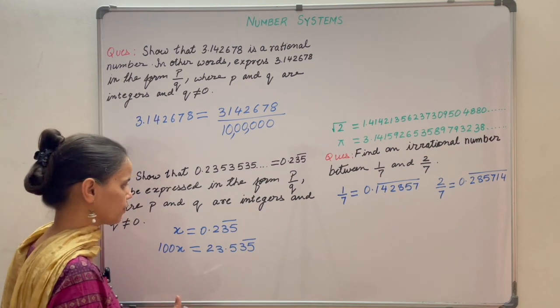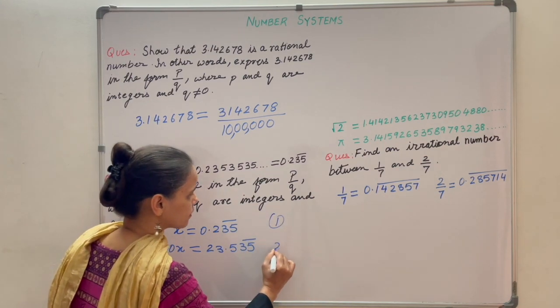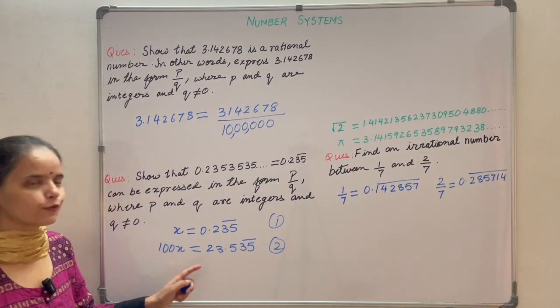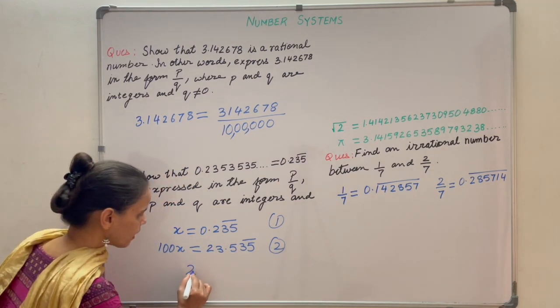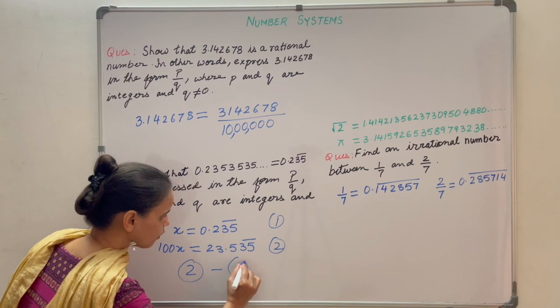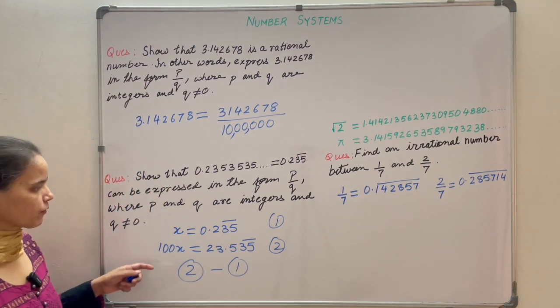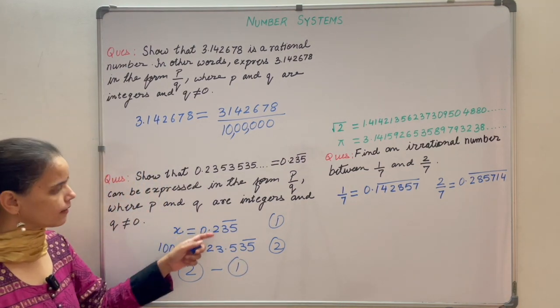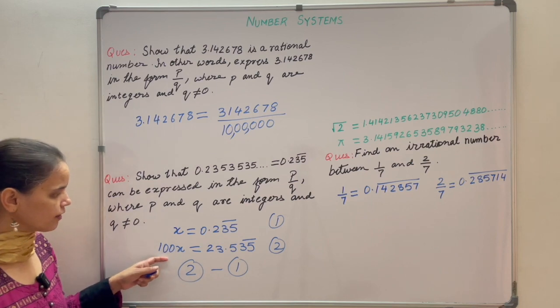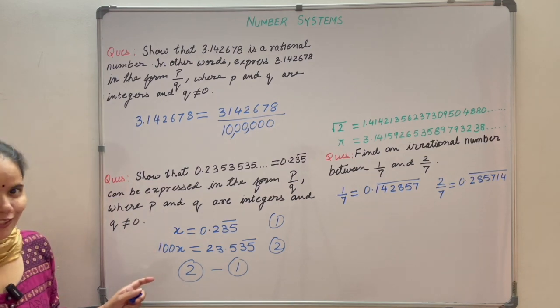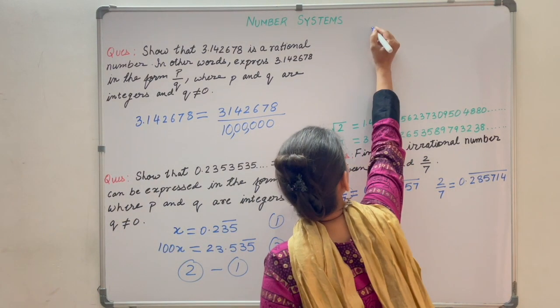Now we are going to subtract 1 from 2. We will subtract the left hand side from the left hand side and the right hand side from the right hand side. So 100x minus x, what will you get? 99x.